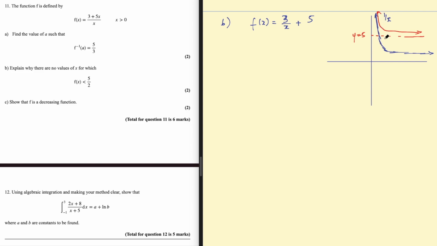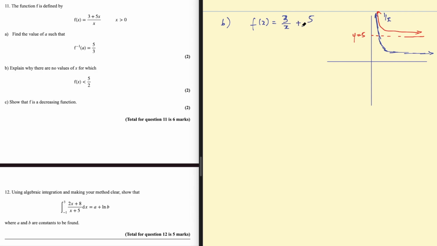And then just from looking at that graph, you can see there's not going to be any y values less than 5, no matter what x input you put into that function. And also you can just interpret this algebraically. You can see clearly whatever x input you put in, because x is greater than 0, this is always going to be 5 plus something, right? So you can interpret the graph or just think about this equation.